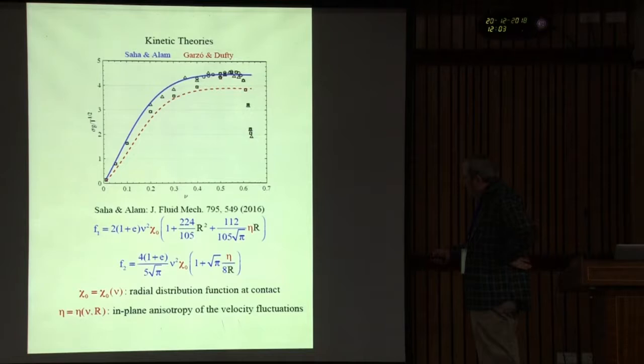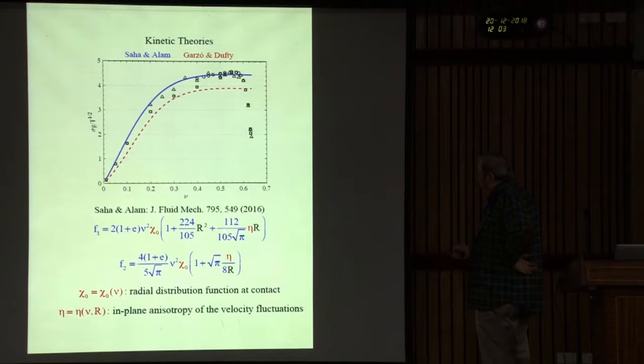So that appears in these dense constitutive relations. And now from this point on, I'm going to be focusing on what's happening up here. Eventually, I'd like to explain that drop that is observed in the simulations. That's not captured by either one of these kinetic theories.